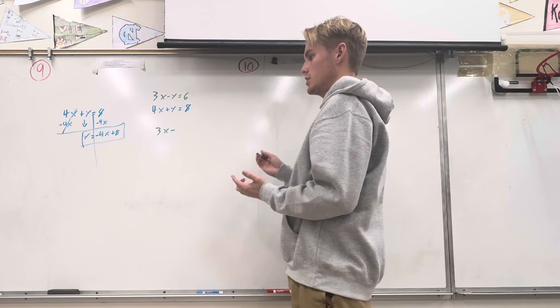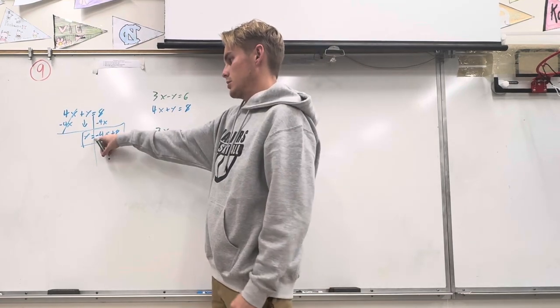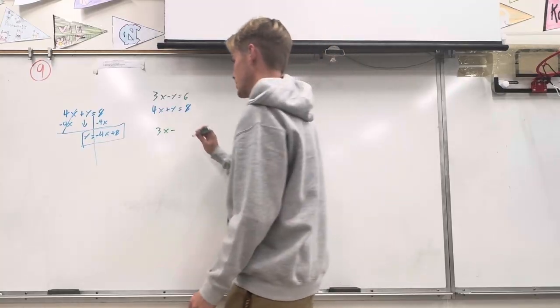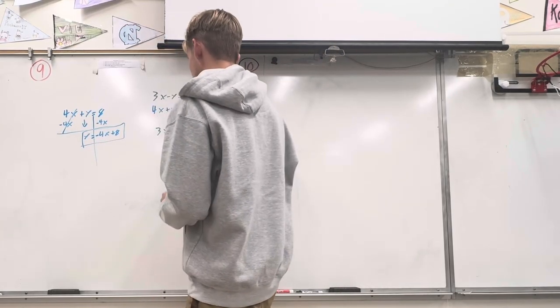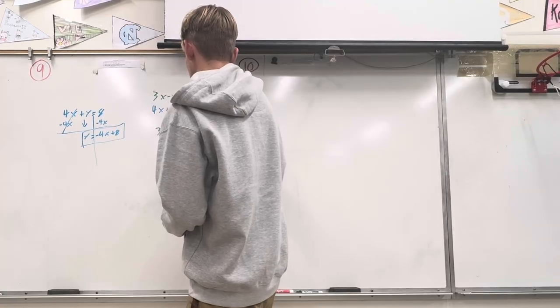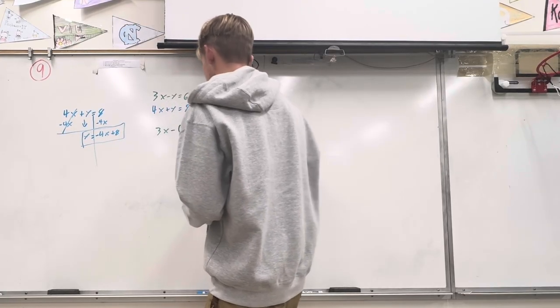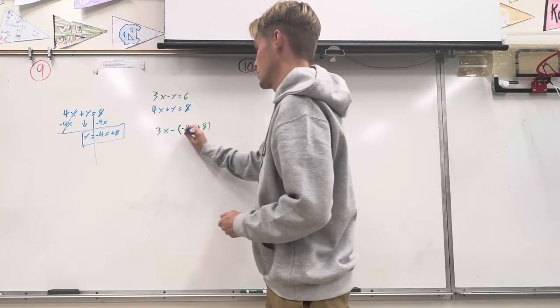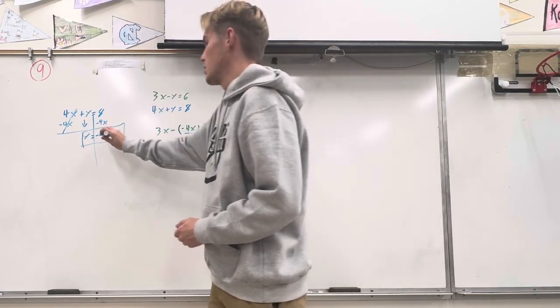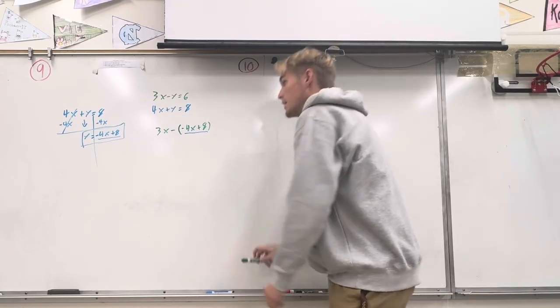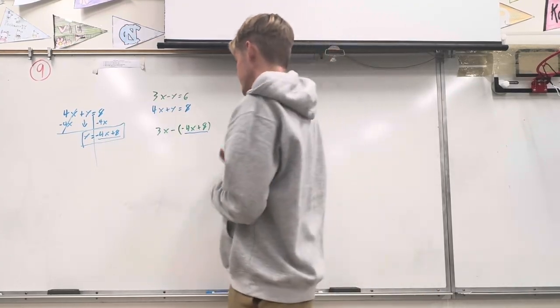But we found here that y equals negative 4x plus 8. So in the place of y, we could put parentheses, and we could put negative 4x plus 8. And I'm going to underline that in blue, just so you can see that we're getting this from this right here. And then we still have equals 6.